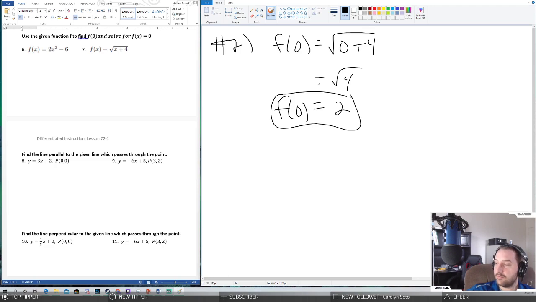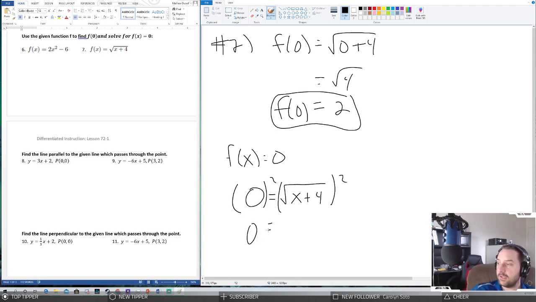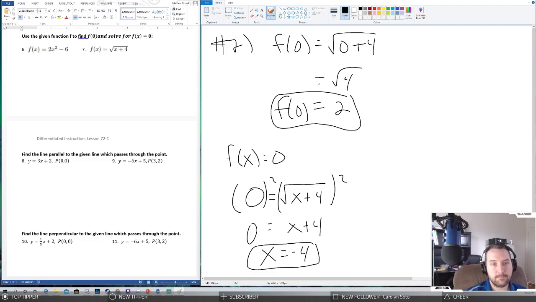And then the second piece is f of x equals 0. So that means I set the entire function equal to 0, and now I need to solve for x. So you can square both sides. 0 equals x plus 4. Minus 4 on both sides, you get x equals -4. Questions on that one?